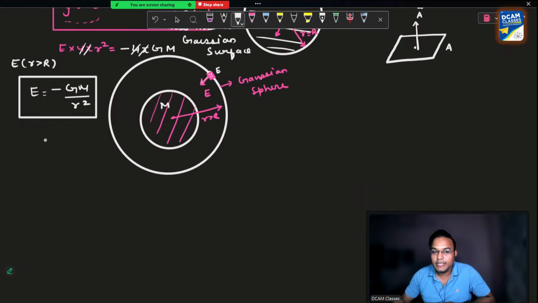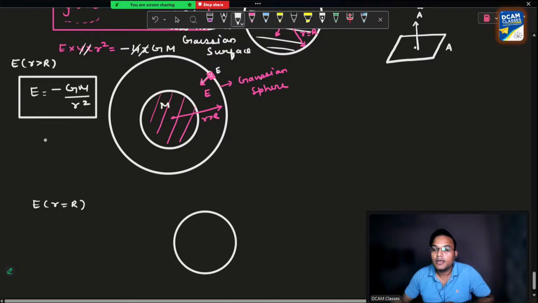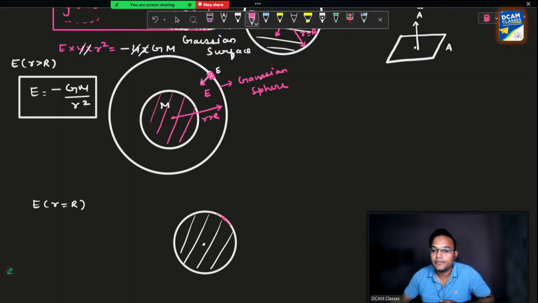Now, if we take the same case for r equal to R, let me see how I do it. This is a sphere. Because I have to find out the field at capital R radius, I'll draw the Gaussian sphere at this radius only, here only.